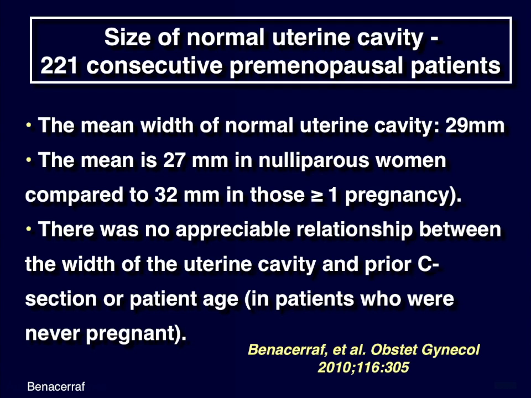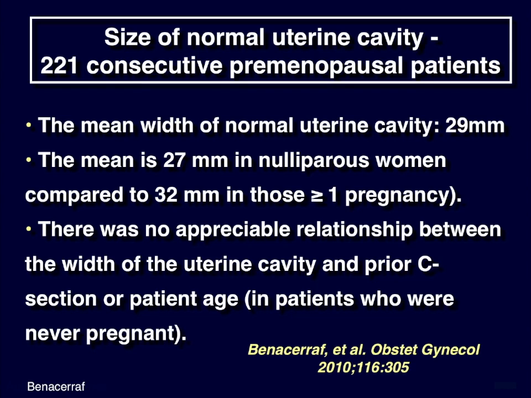And we had the opportunity on 221 consecutive patients to measure the normal uterus across the fundus on the reconstructed 3D view. And the mean width of the normal uterine cavity was 29 millimeters. Turns out that it was 27 millimeters in the nulliparous patients, compared to 32 millimeters in those that had one or more pregnancies.